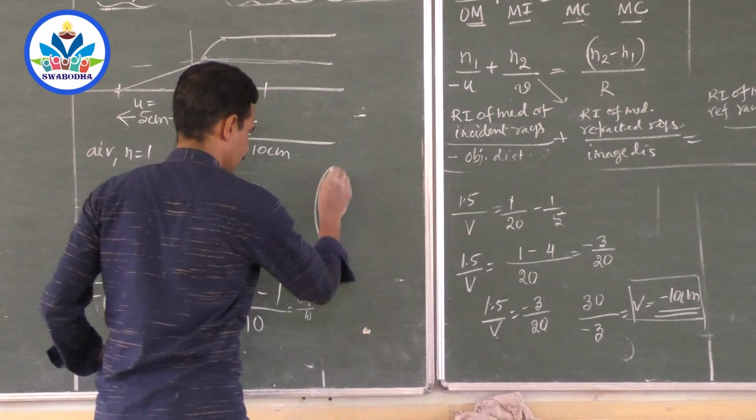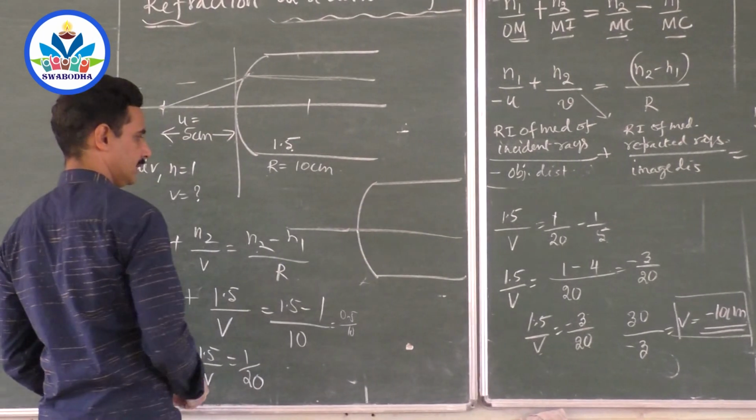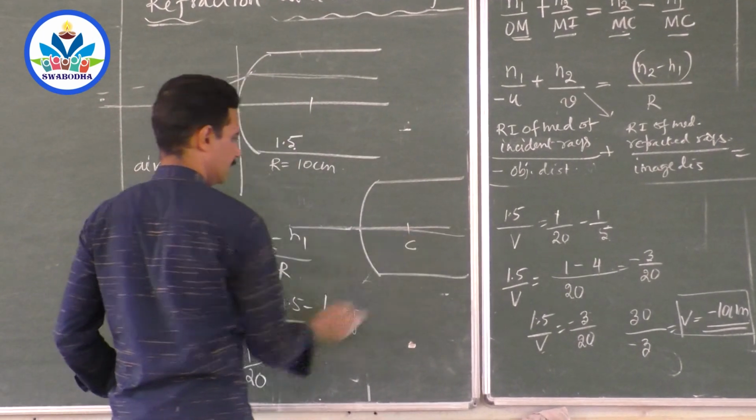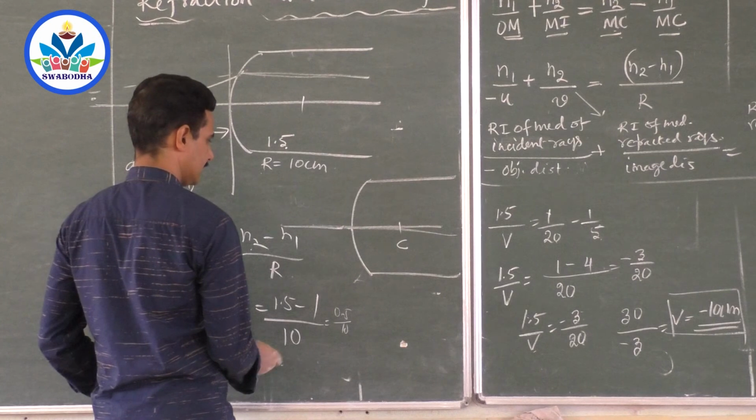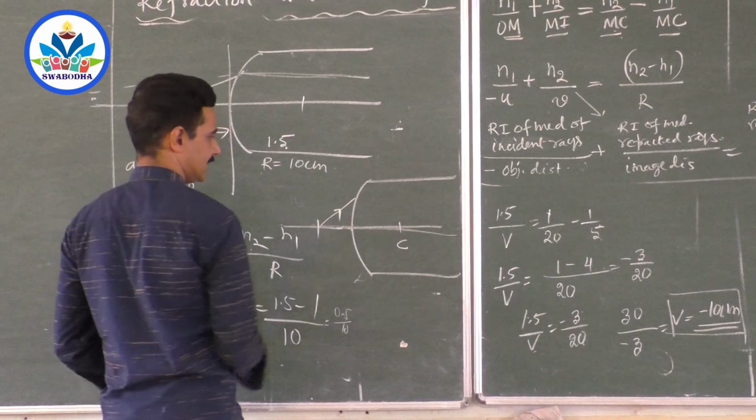Of course, I have to draw a ray diagram very carefully here. Suppose this is the center, and this is the position of the object and the ray of light is incident like this.